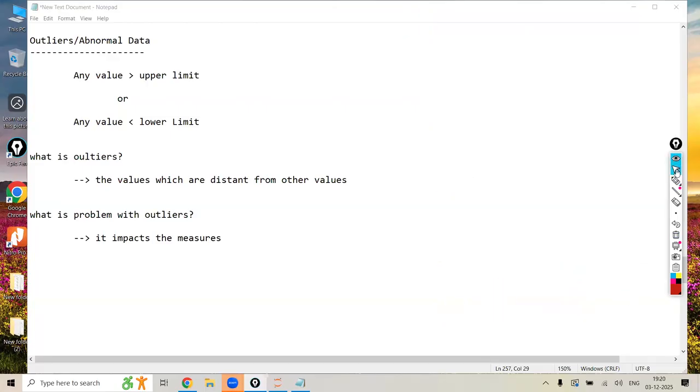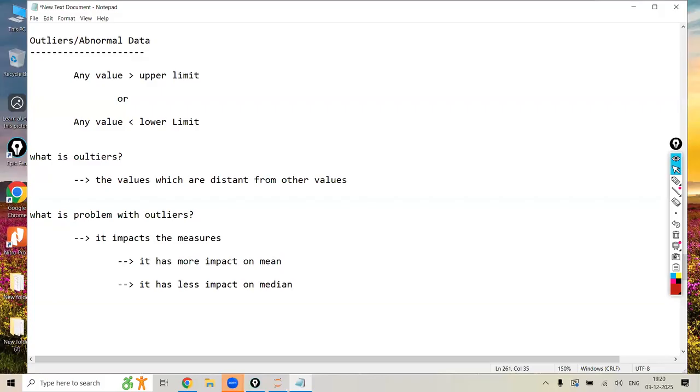Which measure will it impact? It impacts some measures. It has more impact on the mean, whereas it has less impact on the median.